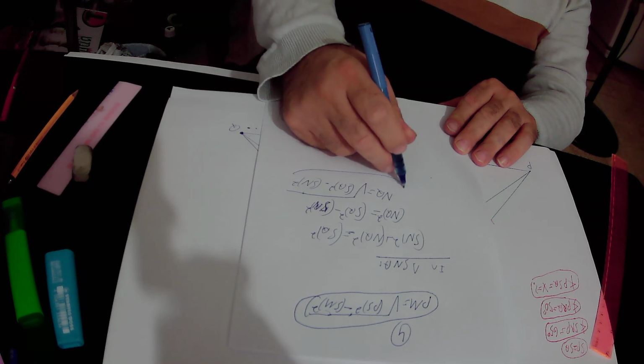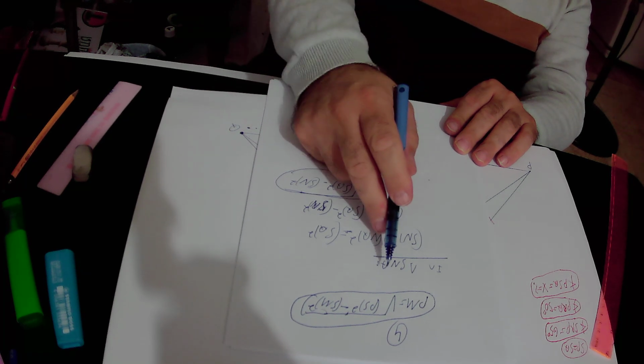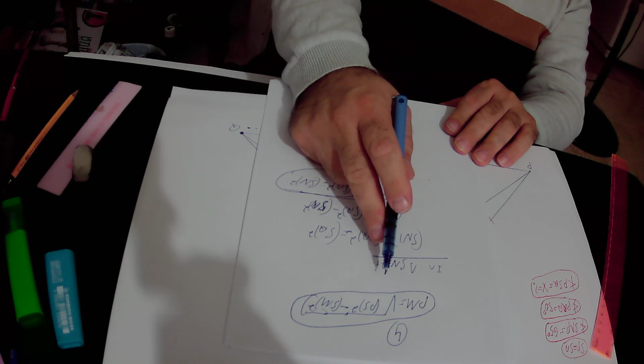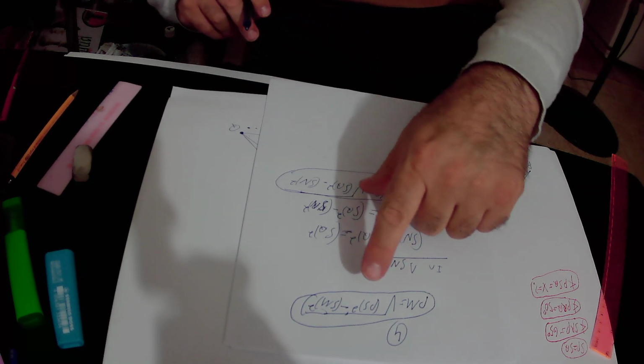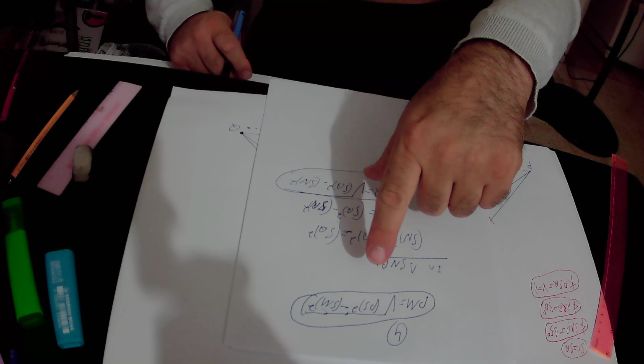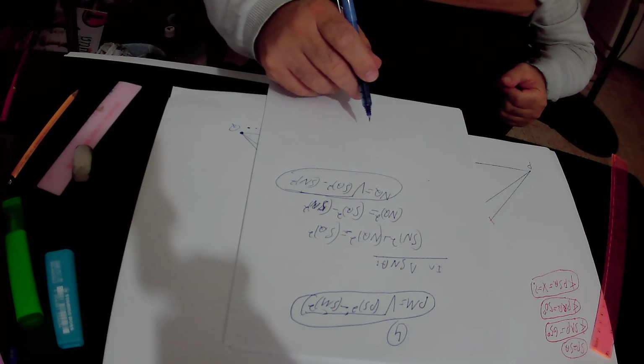So we found the value of NQ, and we also found the value of PM, and those two expressions are equal to each other. So we see that they are equal.